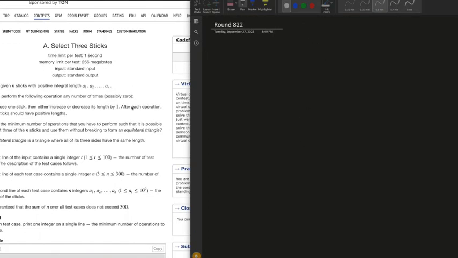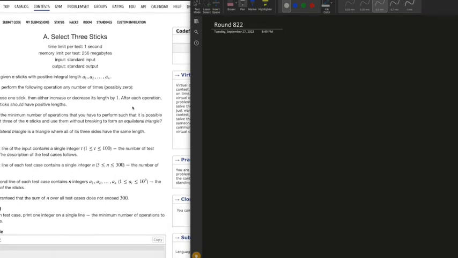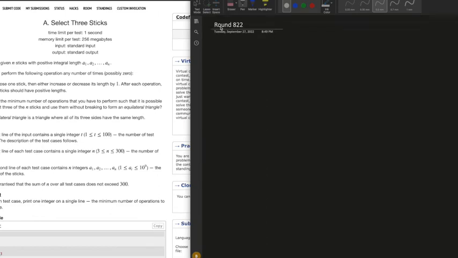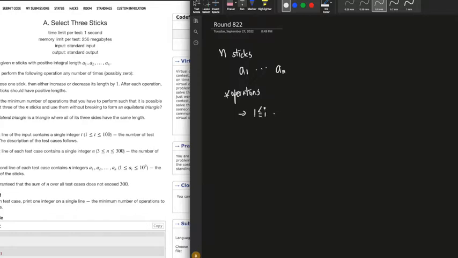Problem A. It's about selecting 3 sticks, and we have n sticks from A1 up to AN, and we can have any number of operations, which is we select I. It is one of the indices.